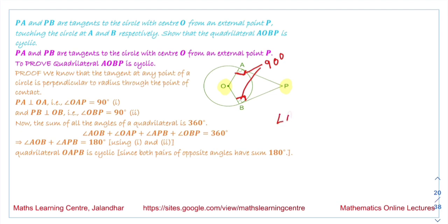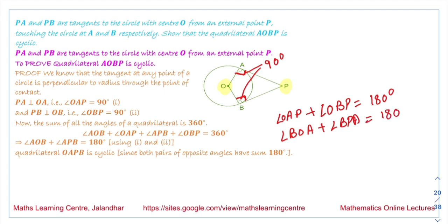It means angle OAP plus angle OBP is equal to 180 degrees, and angle BOA plus angle BPA is equal to 180 degrees. Since the sum of both pairs of opposite angles is 180 degrees, this quadrilateral OAPB is a cyclic quadrilateral.